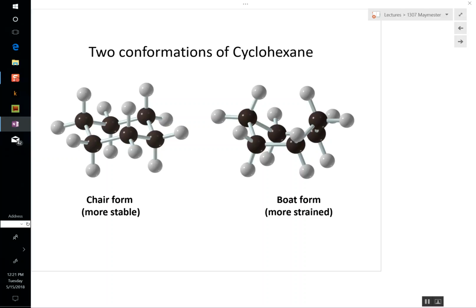Still have the four that are kind of flat. Here's the back of your chair, and here's where your feet are resting in kind of a lounge chair, okay? That's conformation. So if you hear that term, it's just a different shape that a molecule can get in without changing its structure at all. So that's what we mean by conformation.